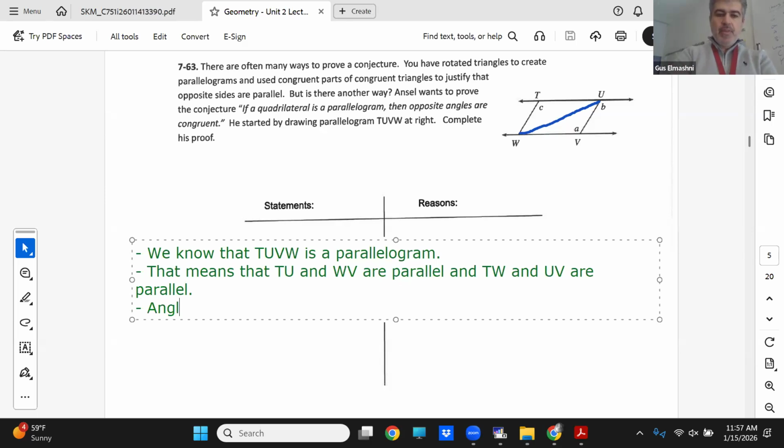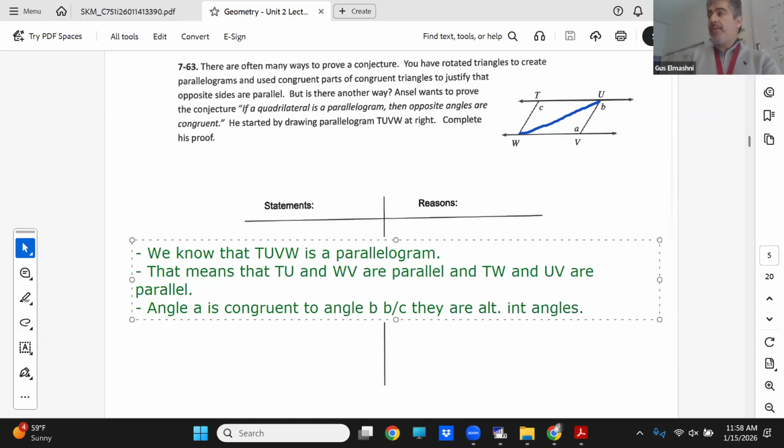Angle A is congruent to angle B because of alternate interior angles. I need to add that transversal.